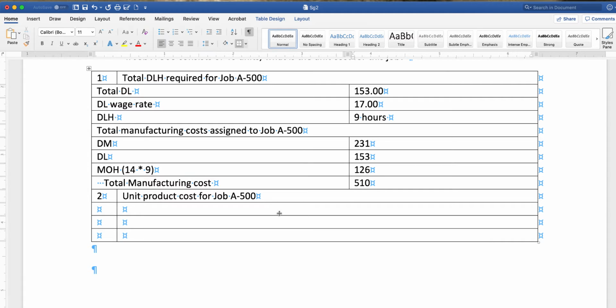Now, I need to figure out the unit product cost. Super duper easy, right? What's my total manufacturing cost? Total manufacturing cost is $510. Okay? How many units did I produce? Well, the problem tells us, oh, by the way, you produced 40 units.